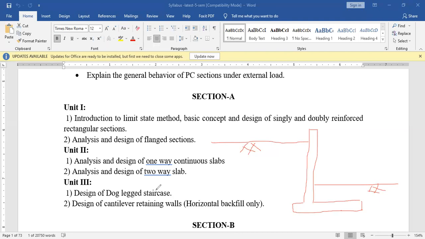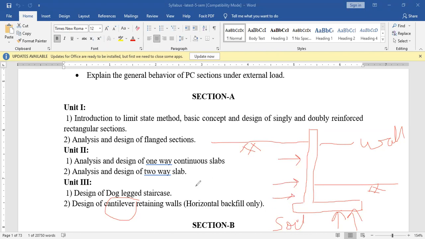Retaining walls also have different types: cantilever retaining wall, counterfort retaining wall, and out of that we are going to learn only the cantilever retaining wall. So that is how to design the cantilever retaining wall. This is the wall of the cantilever retaining wall, and altogether the soil pressure coming from this will be acting like this, and suppose the soil is also here, in that case this will also act like this.